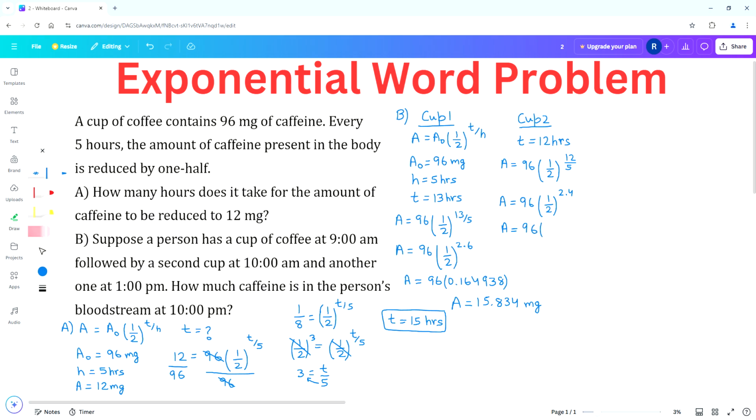Half to the power 2.4 is equal to 0.189465. Next we can multiply 96 by 0.189465. I get 18.189. The unit is milligrams.